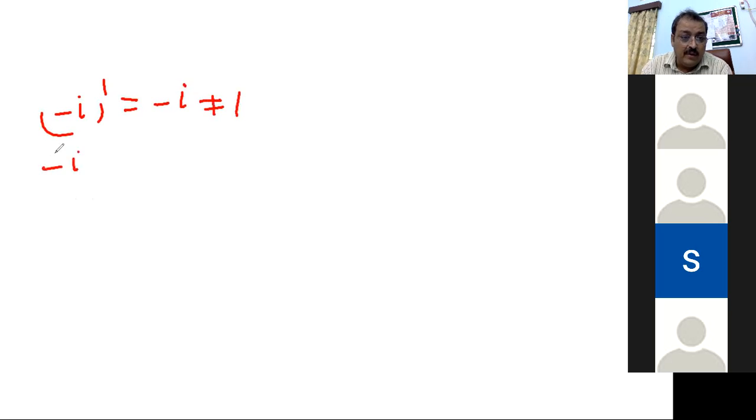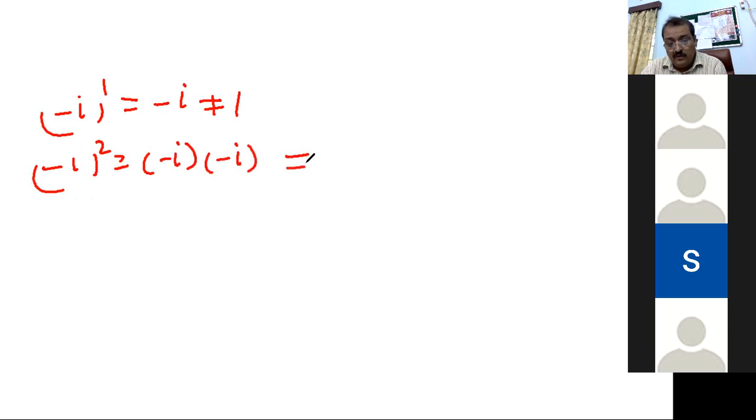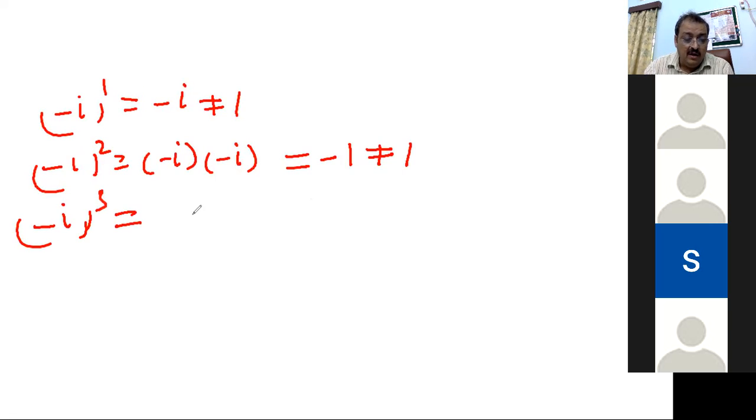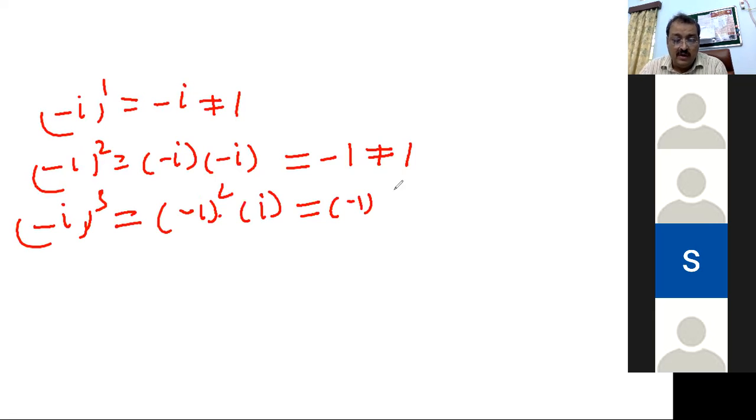So now we have minus i square, which is equal to what? Minus 1. Again not equal to 1. Minus i to the power 3: you have minus i square into minus i. So this is equal to minus 1 into minus i, so you have i.